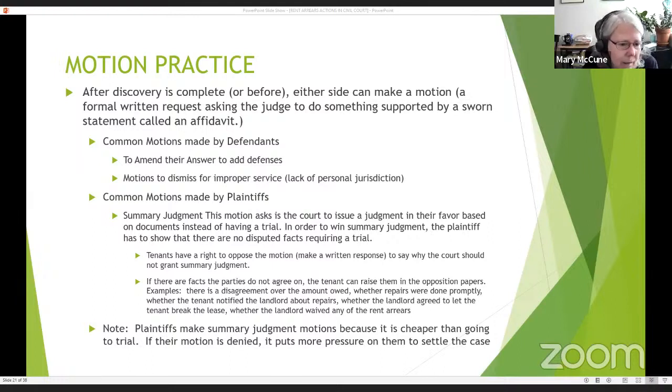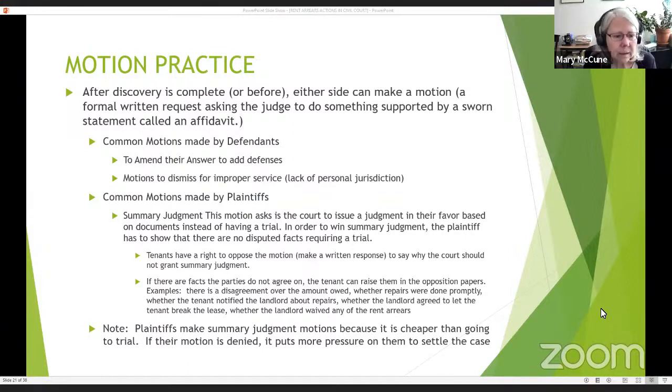If they claim that you're not entitled to a rent abatement because you never told them there were repairs, so how could they have done them? And you have texts or emails showing that you were talking to the super or someone at the management office. If they claim you broke the lease, but you have something that says, okay, you can move out, I'll give up the arrears. Those are facts that are in dispute. They say you did one thing and you say you didn't, or that you did something else.